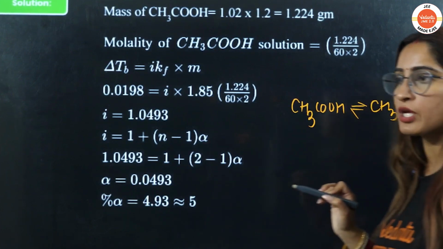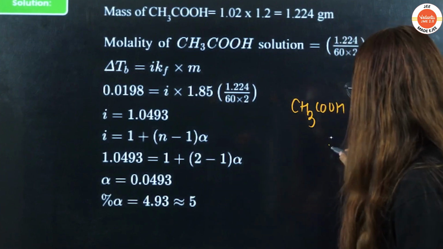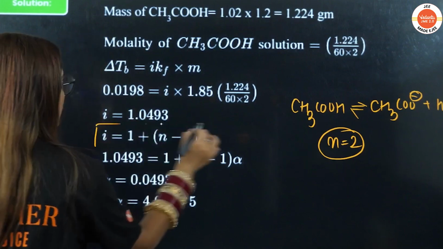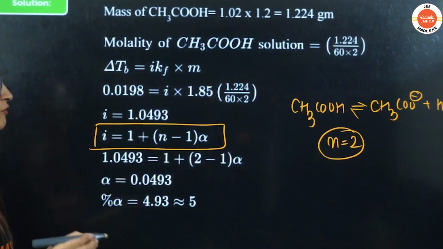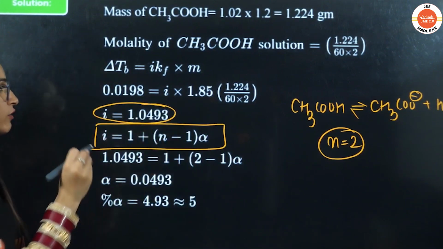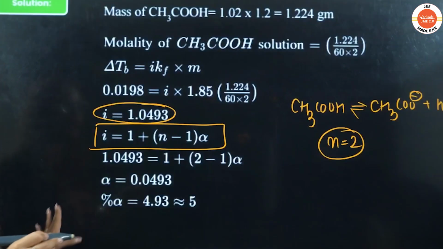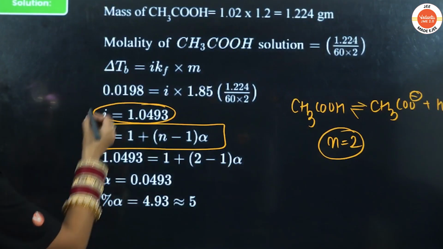It is going to dissociate into 2 moles here. So n is going to be equal to 2. What is the formula? The formula is i is equal to 1 plus (n minus 1) alpha. I you can calculate from here only, from the value of depression in freezing point, you can calculate it, right?